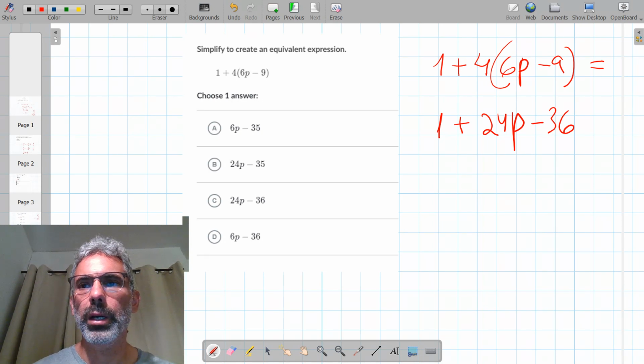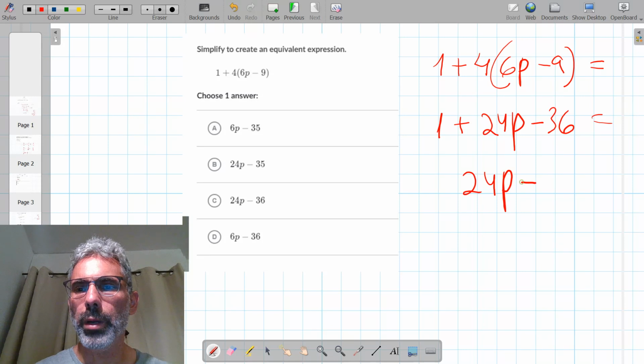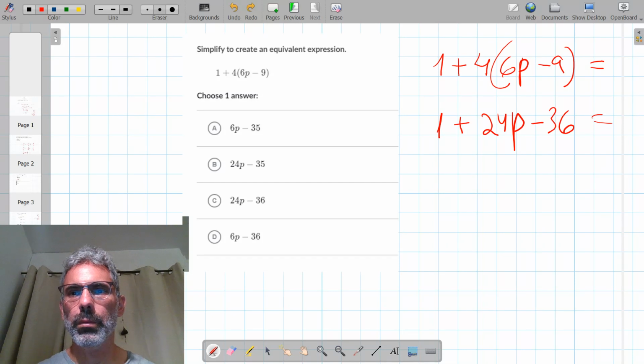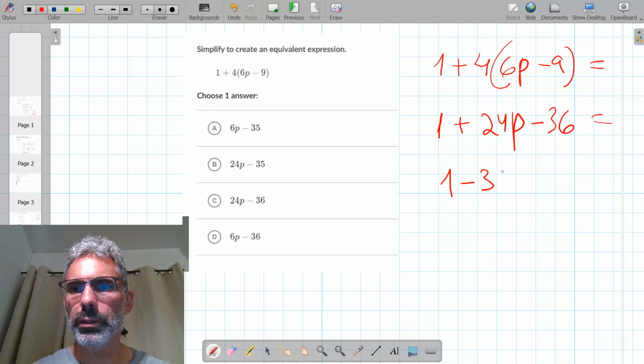Okay, and we can combine the 1 and the 36. So 1 plus 36 becomes minus 35, so it's 24p minus, okay, let's take it one step at a time. Let's reorder the terms. So it's 1 minus 36 plus 20.